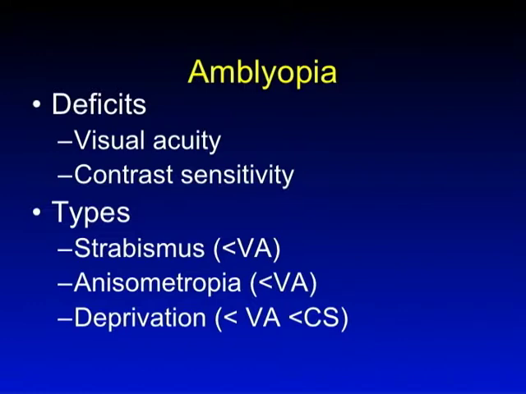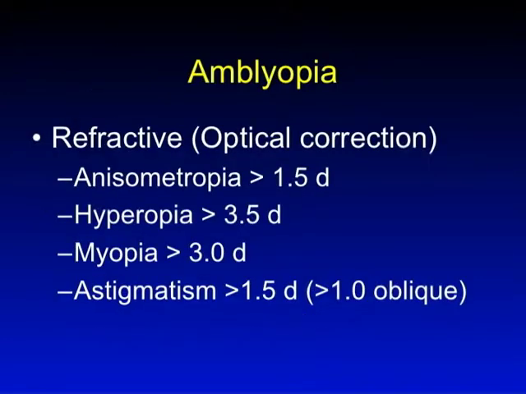The typical cause for deprivation is cataract. Strabismic amblyopia can happen anytime. For refractive amblyopia, these are the values that I want you to remember. The most common one will be anisometropia.